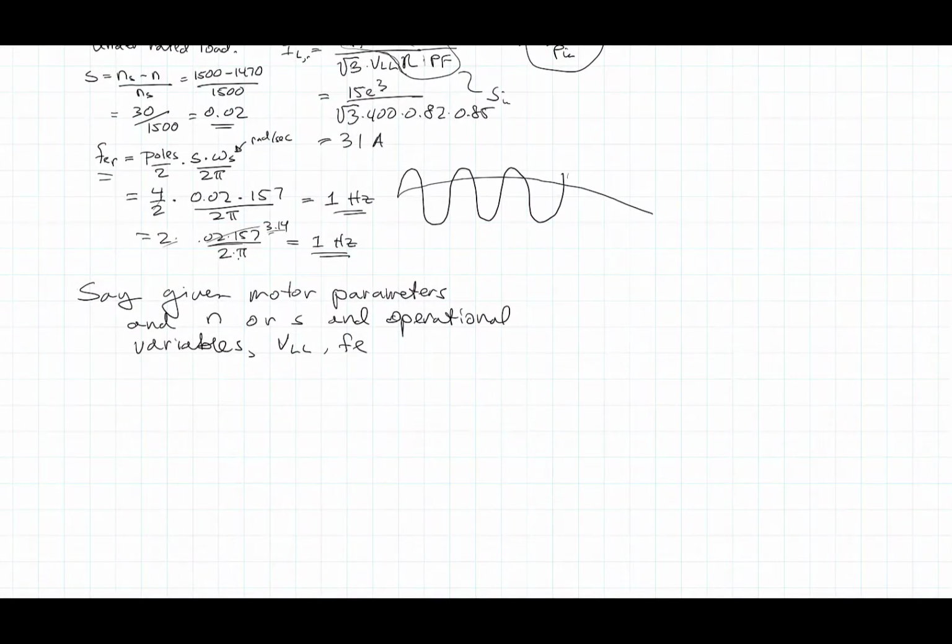This is basically what I call a left-to-right problem, your typical circuit problem. You've got a voltage applied right here. This is going to be the line-to-line voltage divided by √3, because you've got to convert it to per phase at 0-degree reference. Fill in your parameter values for everything.